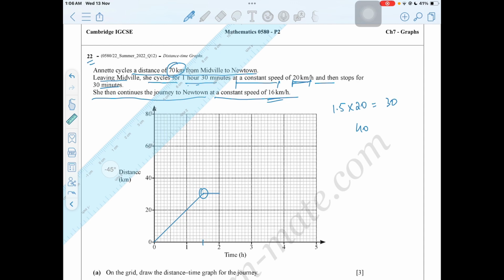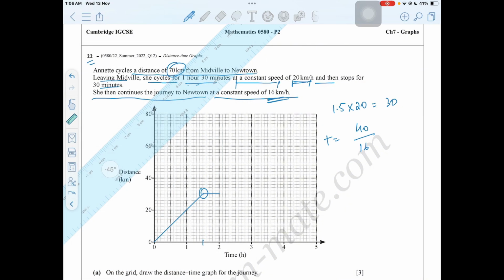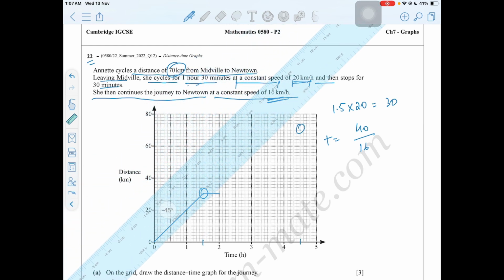We are left with 40 kilometers, and she travels at 16 kilometers per hour, so this would be 40 divided by 16 to get our time. 40 divided by 16 is 2.5. Another 2.5 hours makes this 4.5 hours, and 70 right here.